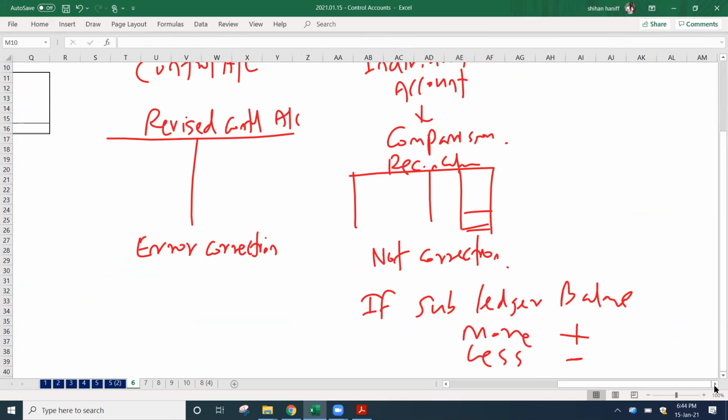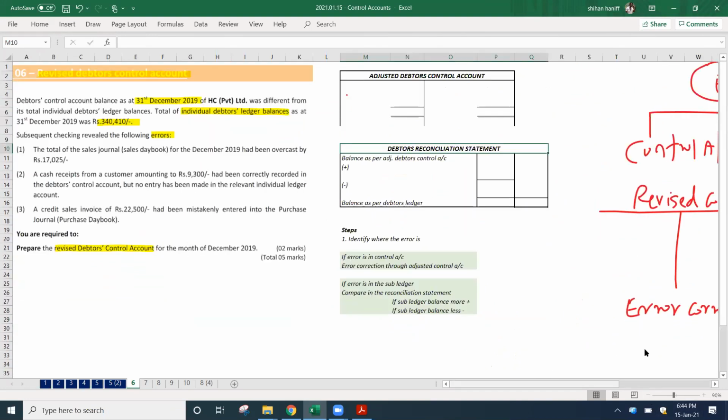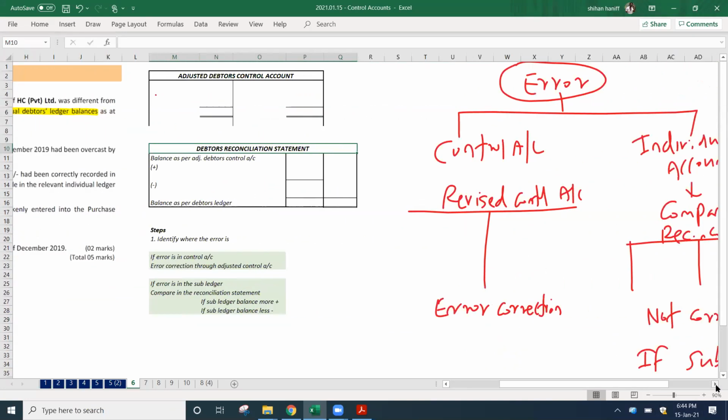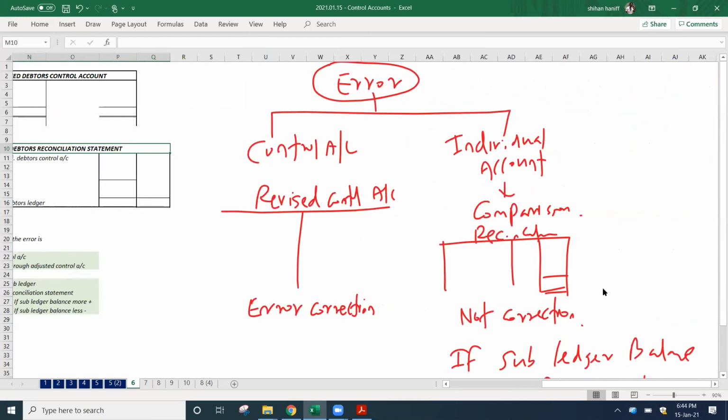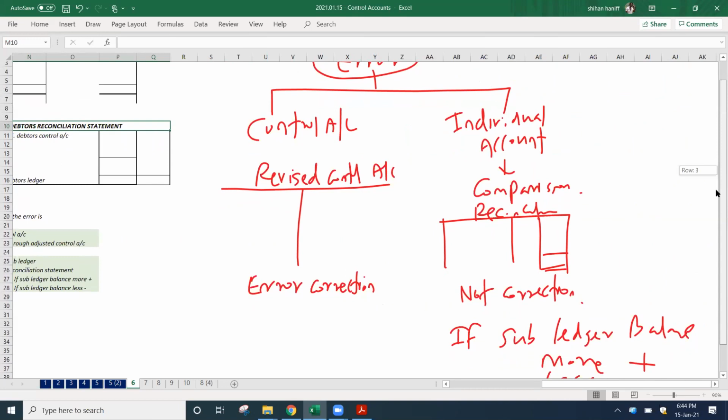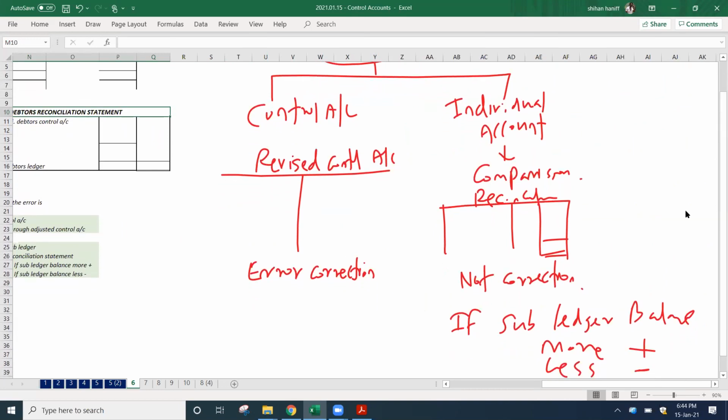So you can write this if you want. Error can be from the control account or individual account. Control account means we do the error correction using the revised control account.